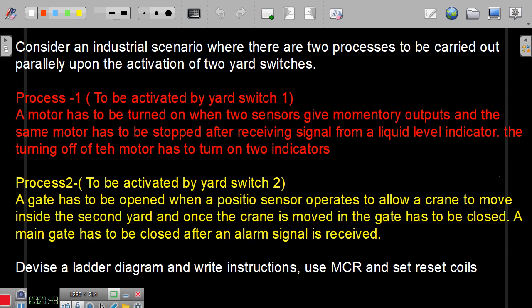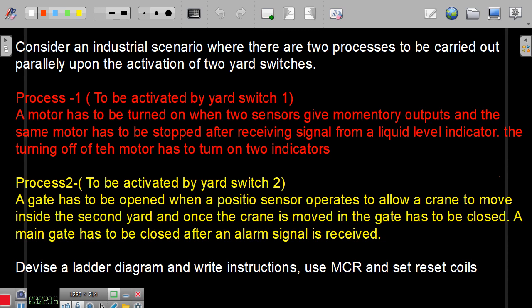Please try to understand this process 1. One motor is there which is to be activated by two sensors when the two sensors give momentary output. So this is a very important point to be noted. Momentary output means the output which remains for a short time and then goes off.